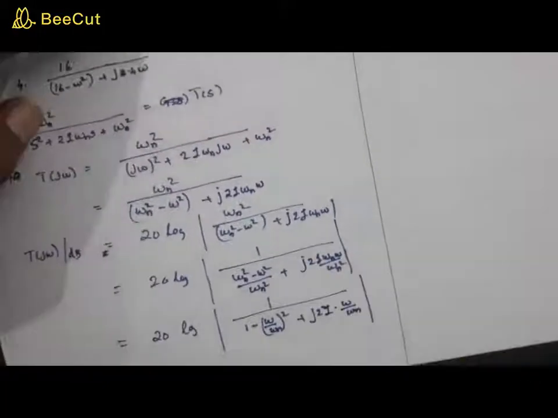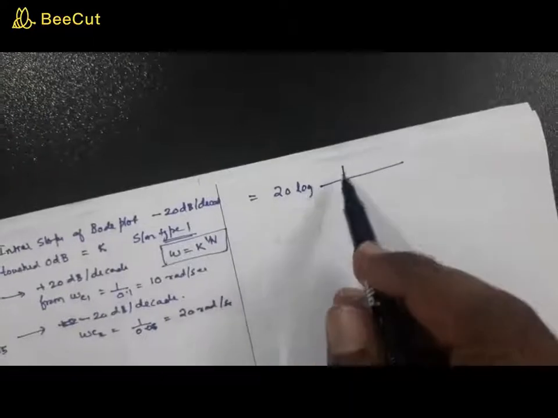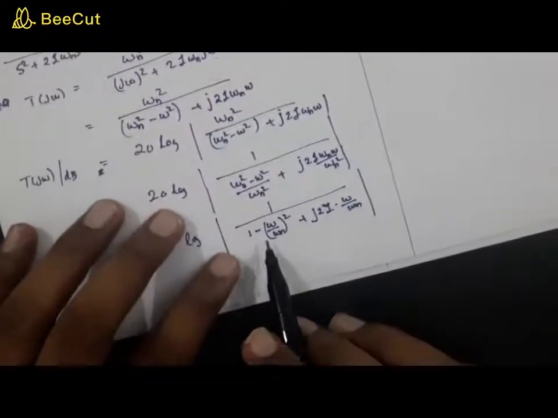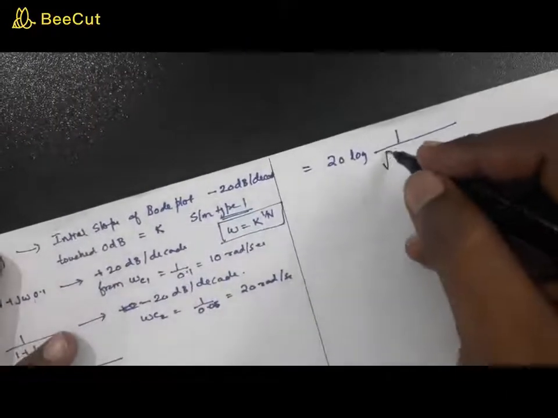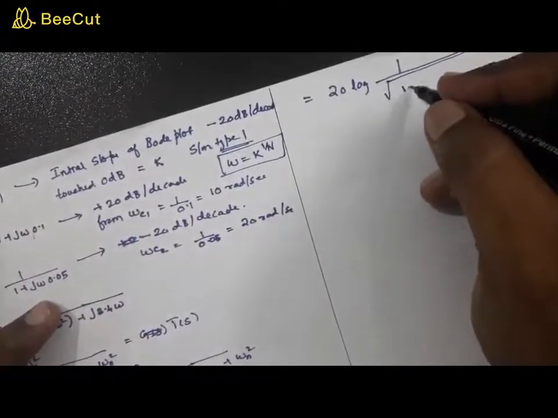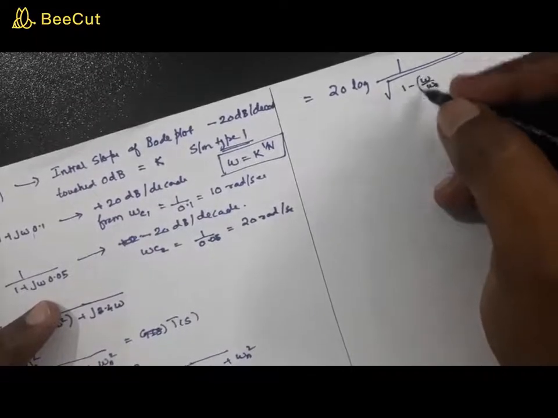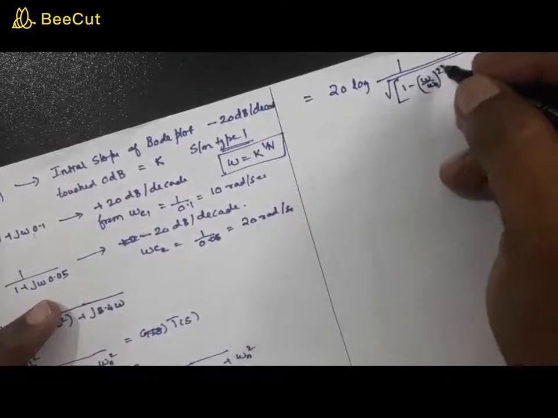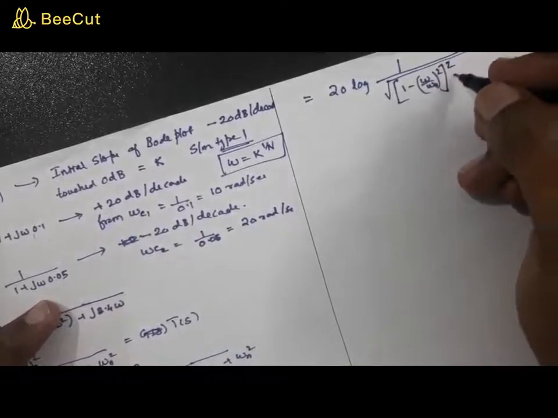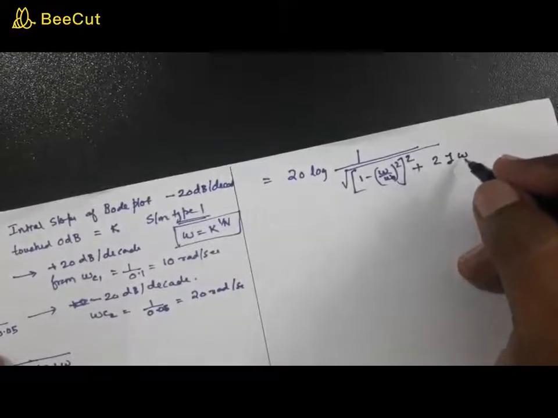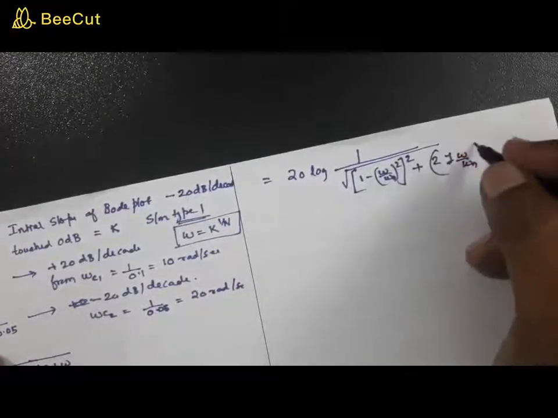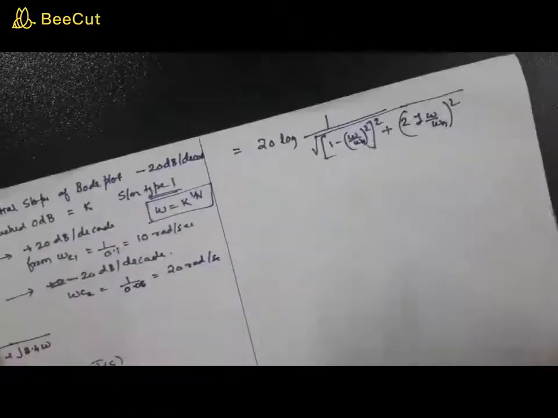Now, how to find the magnitude of this? The magnitude is 20 log of 1 divided by the root of a square plus b square. So this can be written as the root of (1 minus (omega by omega n) square) the whole square plus (2 zeta omega by omega n) the whole square.